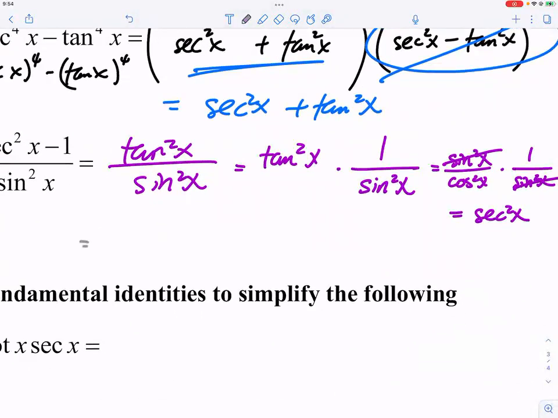Now there's another way you can do it, and this will involve a complex fraction. So we may say, well, tangent square x becomes sine square x over cosine square x, and then the denominator is sine square x over 1. Now I would say if you know what you're doing, sure, you can do this.